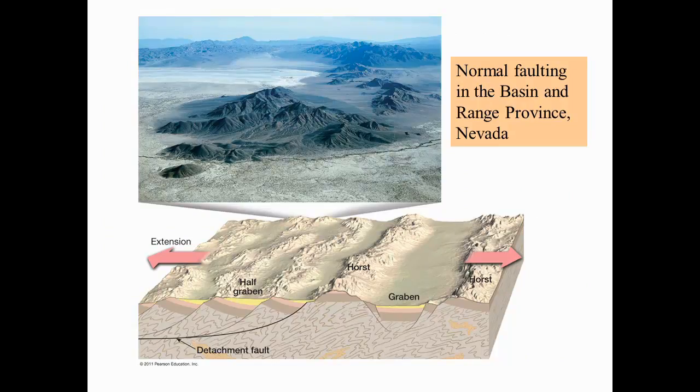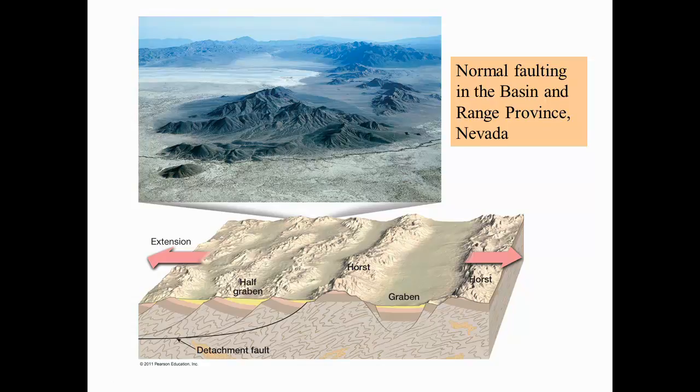A good place to see horst and graben types of structures is in what's called the Basin and Range province of Nevada. And if we look at the lower block diagram, we see that we have a series of grabens separated by horsts. And in cutaway view, we see a series of normal faults which merge into an overall detachment fault that occurs along the base.